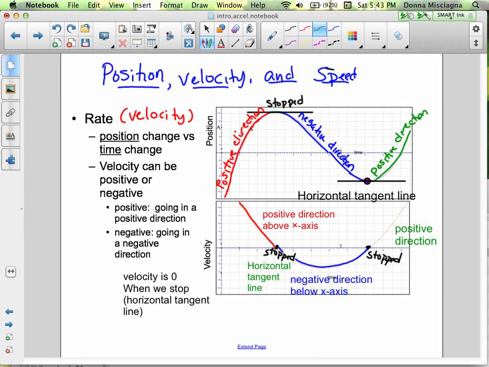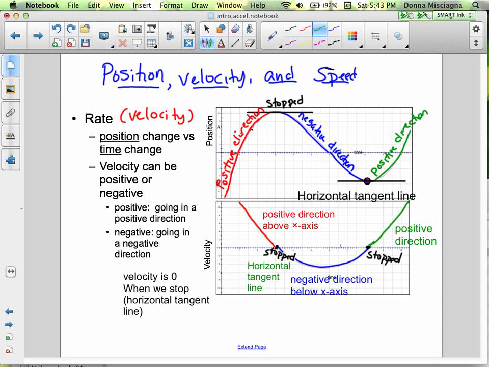And notice that when the particle is moving in a positive direction, when position has a positive slope, the velocity function is above the x-axis.